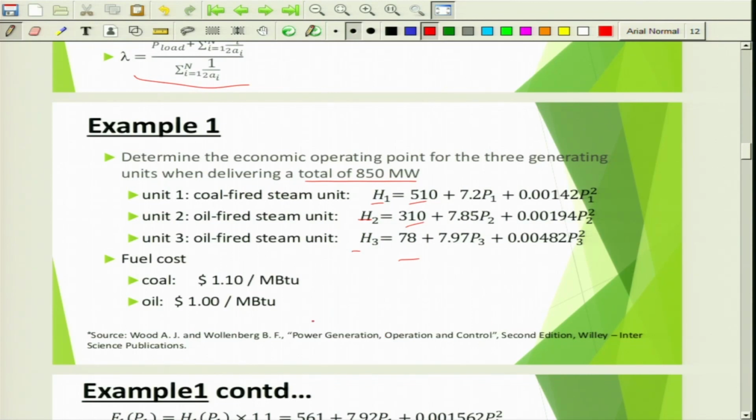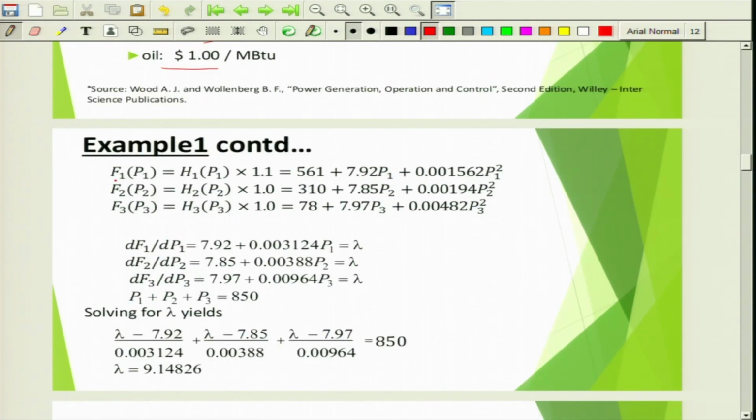The fuel cost is also given, which is $1.1 per mega British thermal unit, and oil is $1 per MBTU. You need to find the total fuel cost, that is the generation characteristics multiplied by their fuel cost.